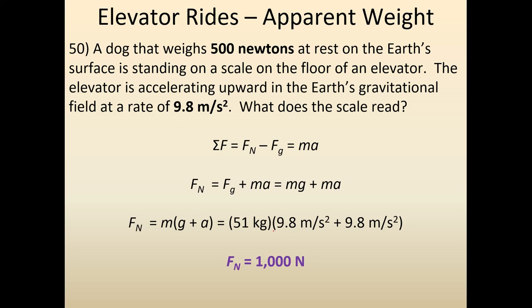So I want to actually use an acceleration that models that, and I end up getting 1,000 newtons. So if you didn't do that, if you still used g as 10, then you would have had 50 here, and this would have been 10 plus 9.8, and you would have ended up getting like 990. So again, not drastically different.